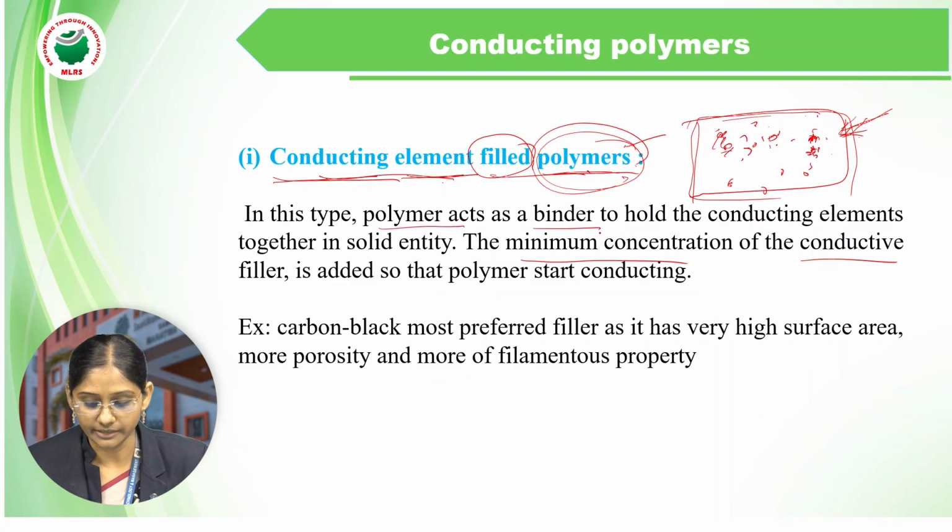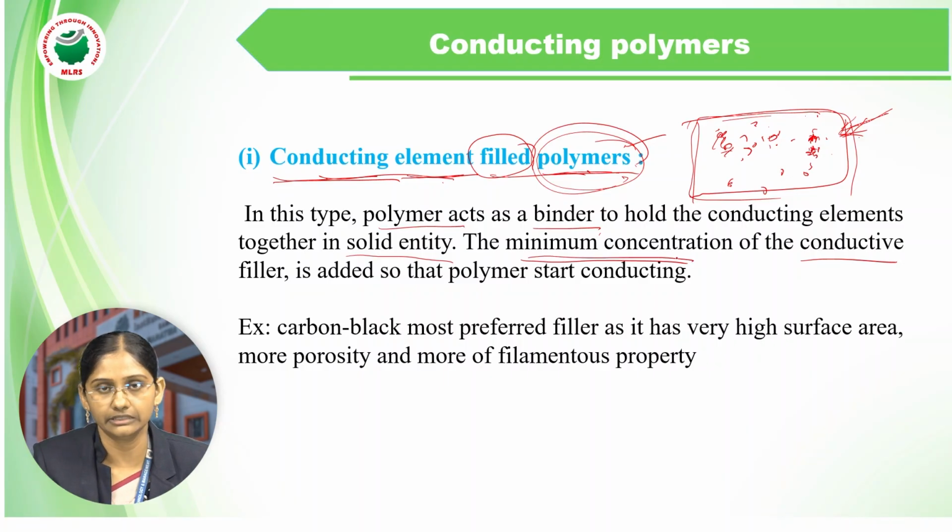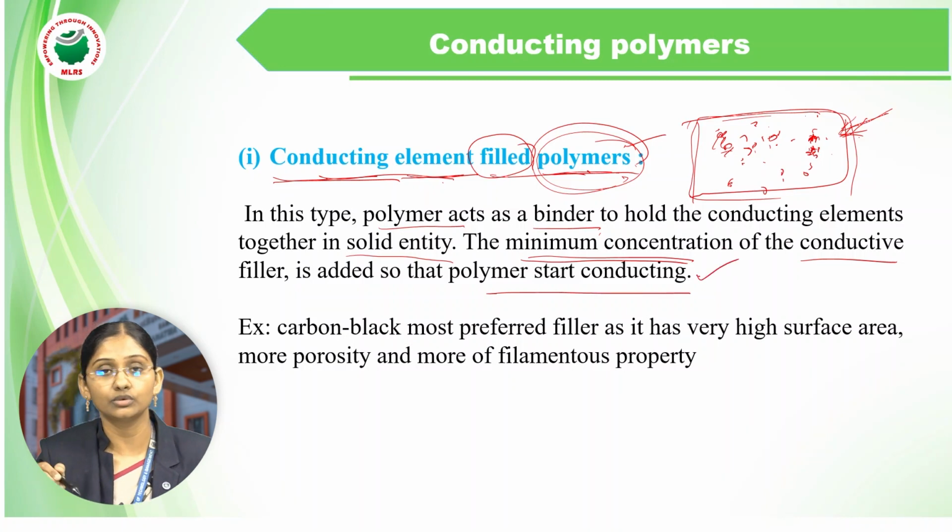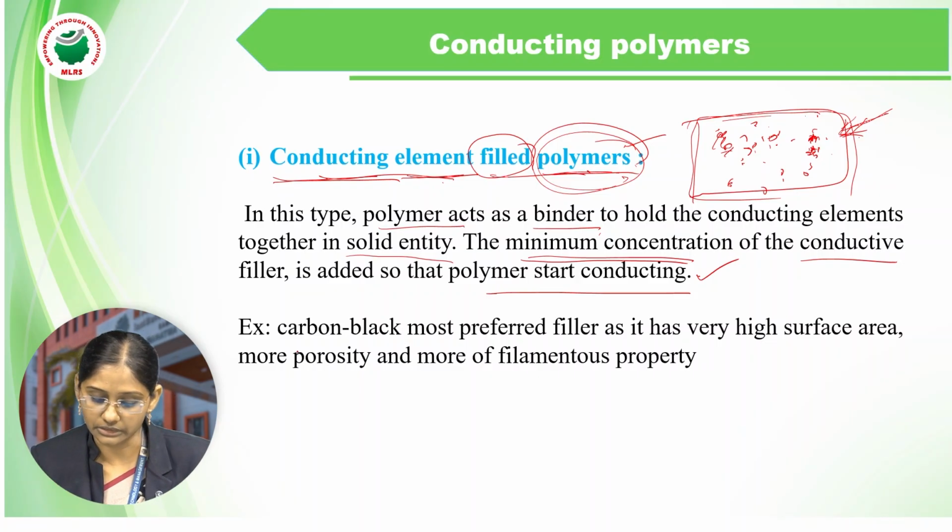Polymer acts as binder to hold conducting elements together in the solid entity. Okay, so a very minimum concentration of these conducting elements is added, so that the polymer starts conducting. Because of those conducting elements filled, it starts conducting. Clear?